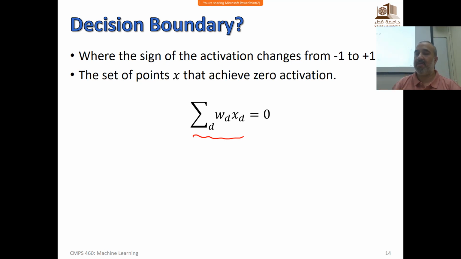So all the examples X that satisfy this equation are on the decision boundary, because that's the boundary that will separate the positive region from the negative region. Okay? So we can say that this is the equation for the decision boundary. We still didn't see how it actually looks, but that's the equation for it.